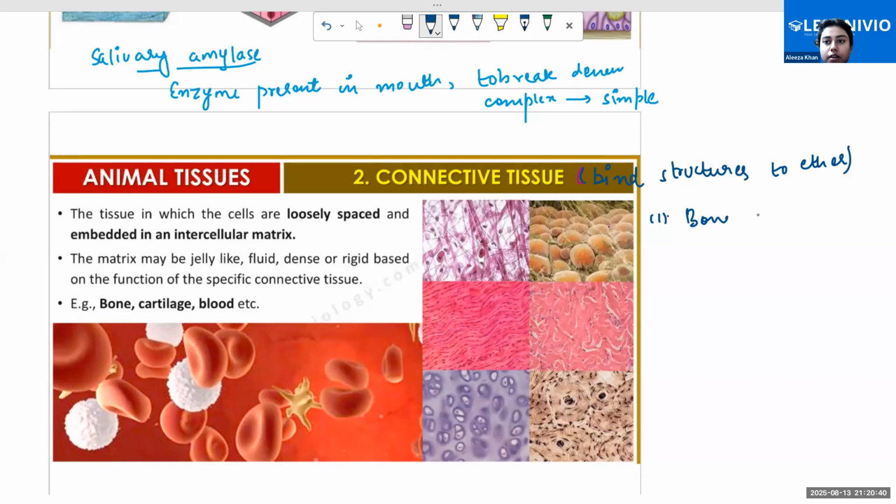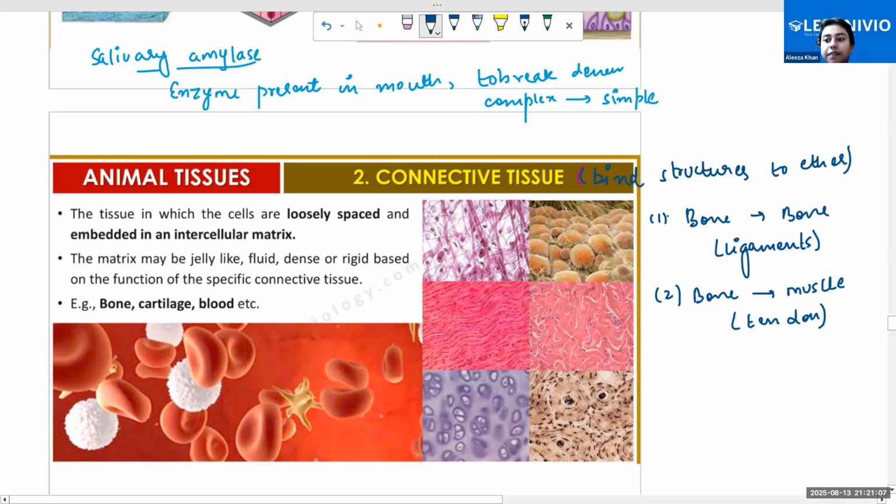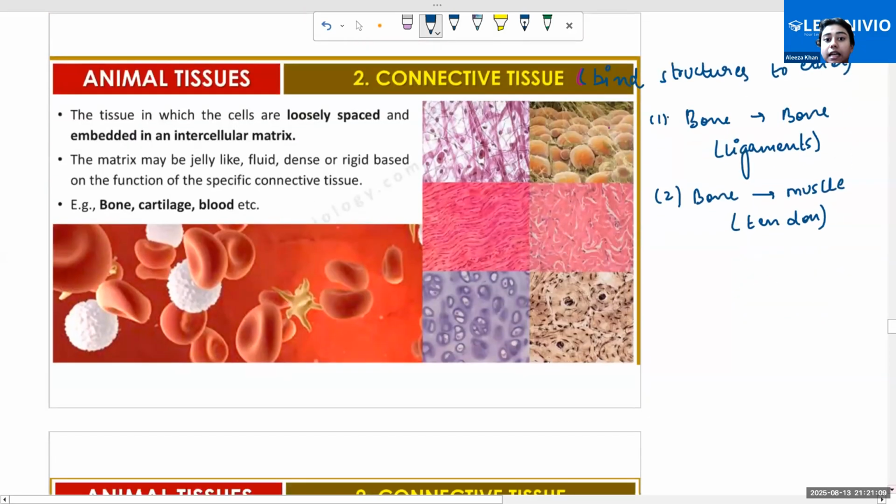Bone to bone connection is by the ligaments. And bone to muscle connection is by the tendon. Yes or no? Yes, ma'am. So that's why we are calling them the connective tissue.